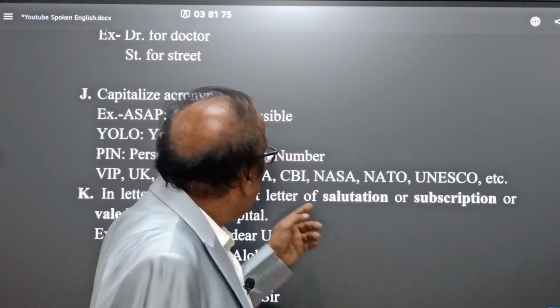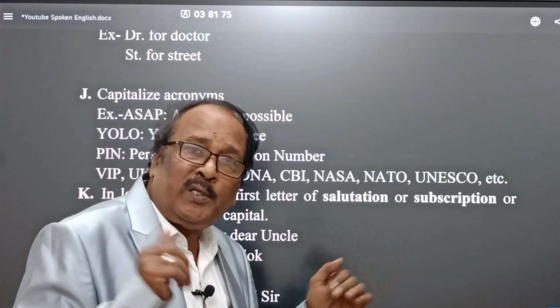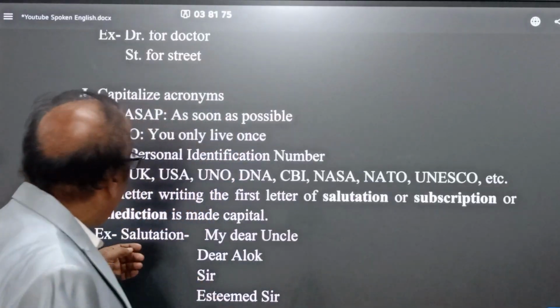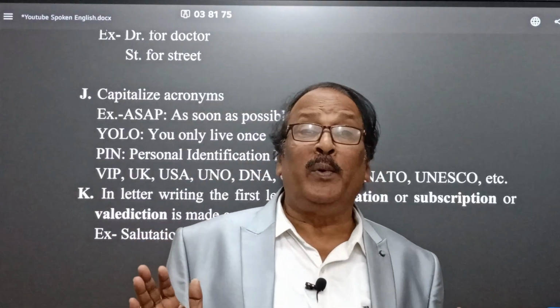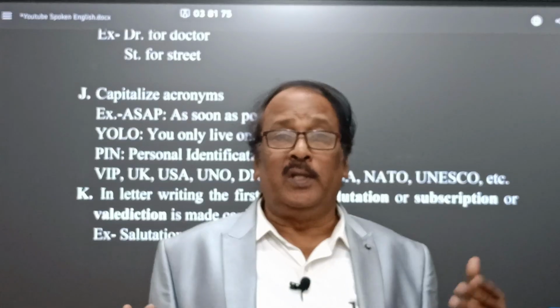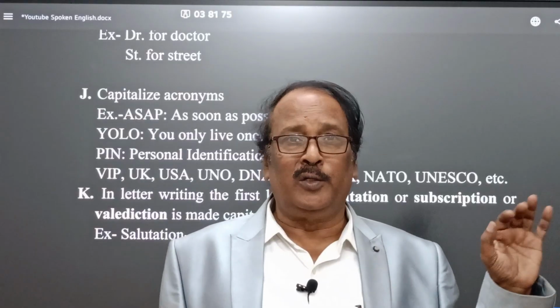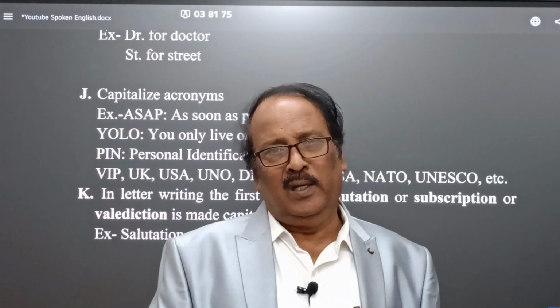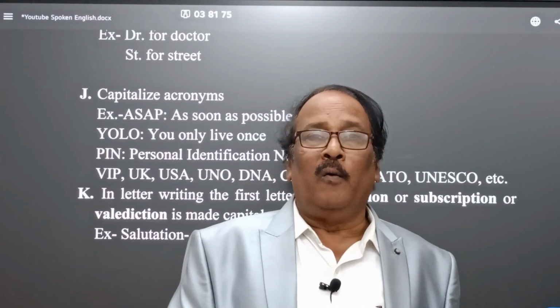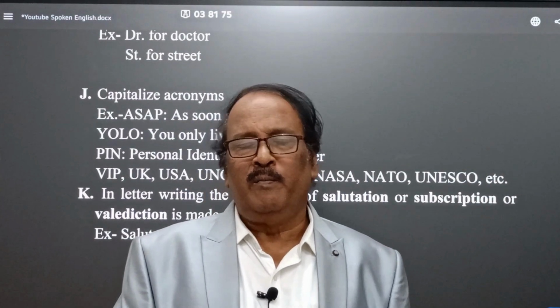All these are acronyms or abbreviations. So in this case we have to use capital letters, so that we can focus on the name of the institution or anything which can be expressed in an abbreviated manner.